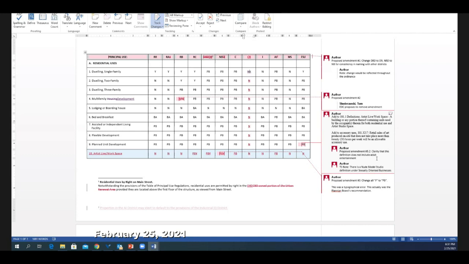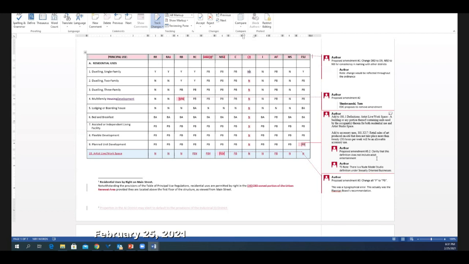If an artist had a nude model come in and artists stood around and sketched the nude model, would that be allowed or not allowed if there was the adult proposal? In that instance, the more restrictive definition, a nude model studio, would apply.